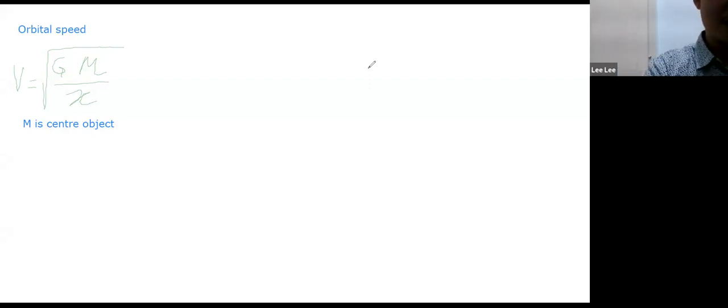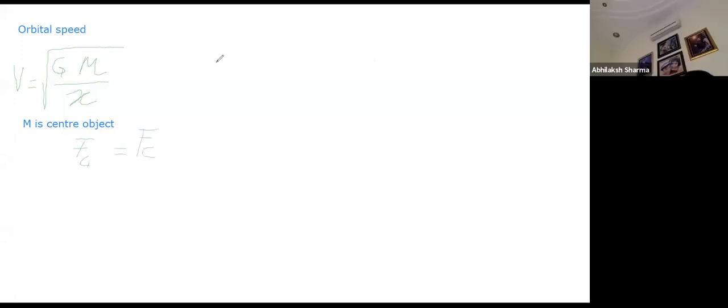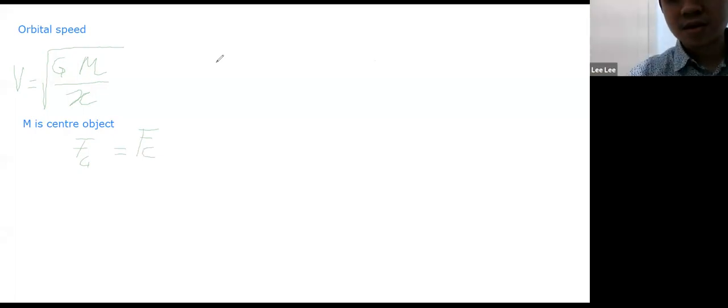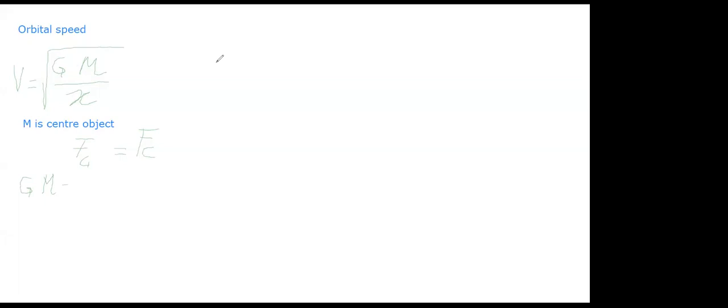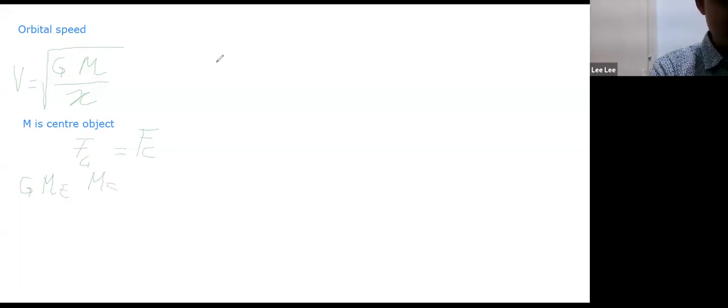Just now I told you earlier that the gravitational force and the centripetal force have to be the same, right, for orbital motions. So the gravitational force is given by G times the mass of the Earth times the mass of the satellite.